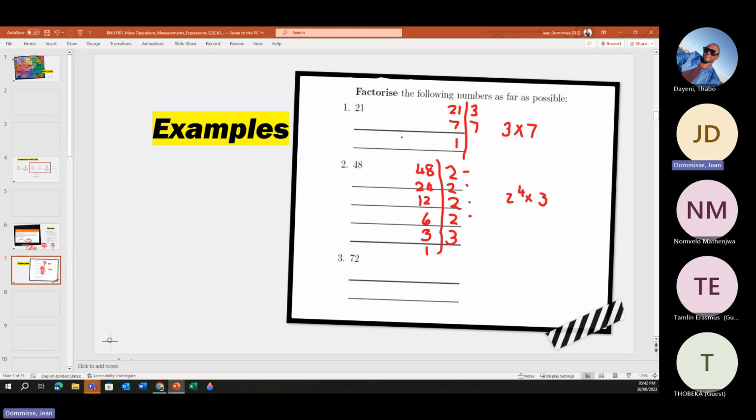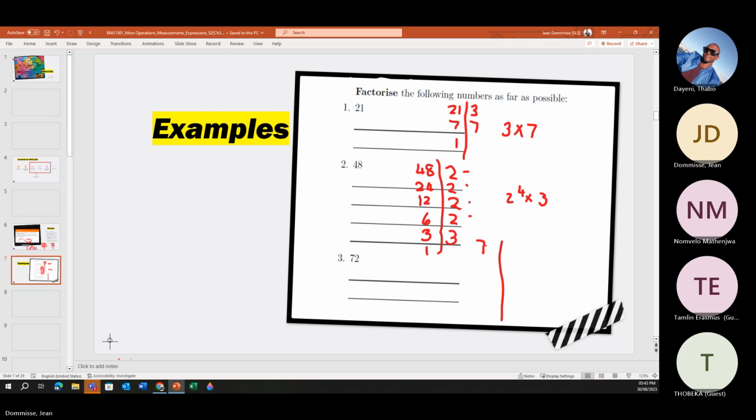When we factorize this one, we could have seen there are four 2s, and you can always check it afterwards. 2 to the power of 4 is equal to 16, and 16 times 3 does give you 48. Okay, so let's do the last one, 72.